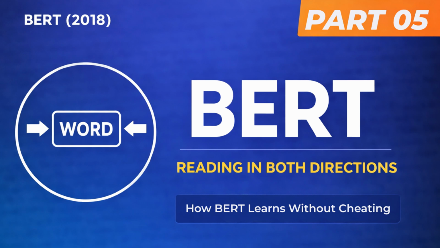The unchanged 10% teaches the model that even when a token looks normal, it may still be a prediction target. So the model can't rely on a special marker to do the work. The end result is that BERT learns representations that transfer cleanly into fine-tuning, where nothing is explicitly masked.